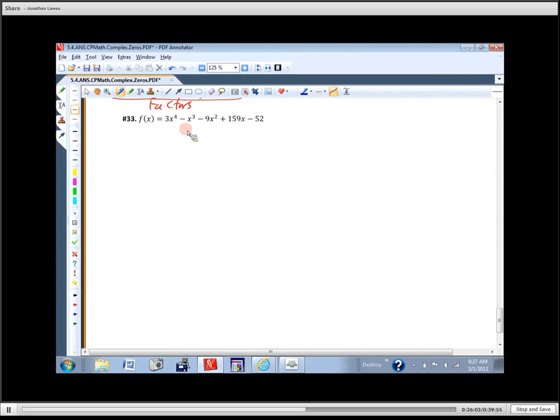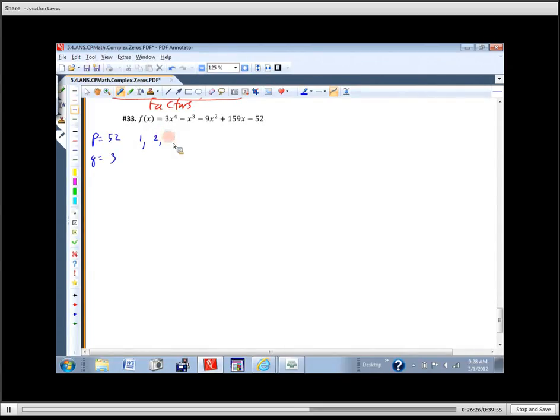What do we do? P and Q. Okay? So P on this one is 52. Q is 3. Holy cow. So 1, 2. Does 3 go in there? Nope. 4?